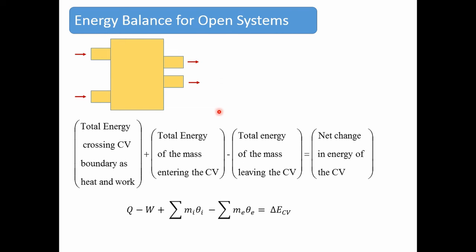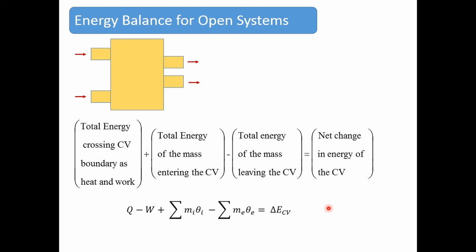Our energy balance equation will have two additional terms. This is the term associated with the closed systems: total energy crossing the system boundary or the control volume as heat and work. In addition to that, energy is brought into the control volume by the mass when it is entering, and energy is taken out of the control volume by the mass when it is leaving. That is equal to the net change in energy of the control volume.